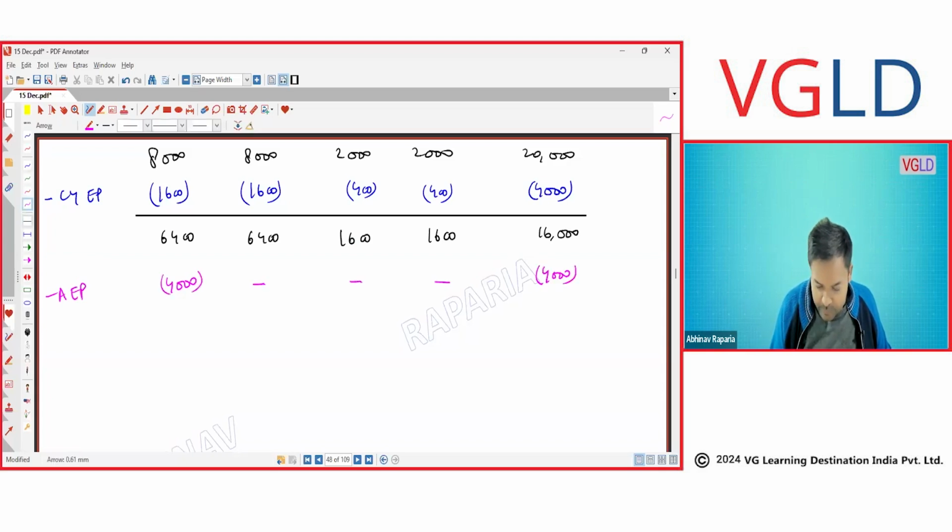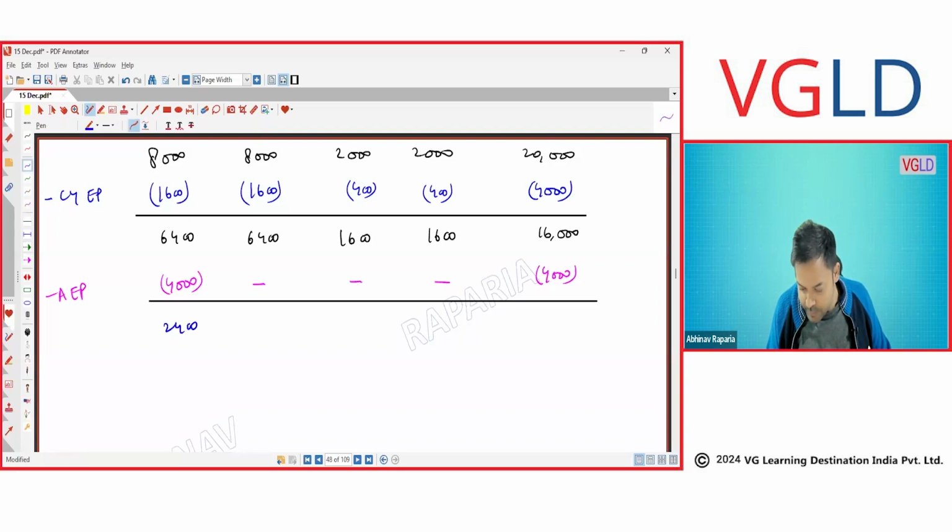Now this is coming 2400, 6400, 1600, 1600, and 12. Now I'm talking about the reduction of the basis, which is again 4000. So this is going to be 2400, 1600, nothing, and this is 4.